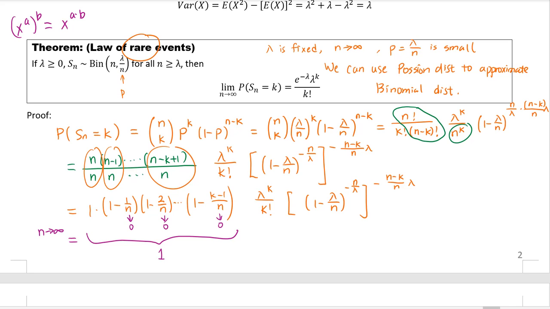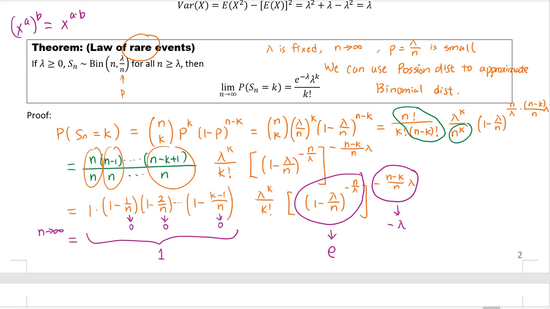Right? And what is this guy? This guy actually goes to e. Okay, if you can remember the definition of the number e, this is e. And then here when n goes to infinity, this guy just goes to minus lambda.